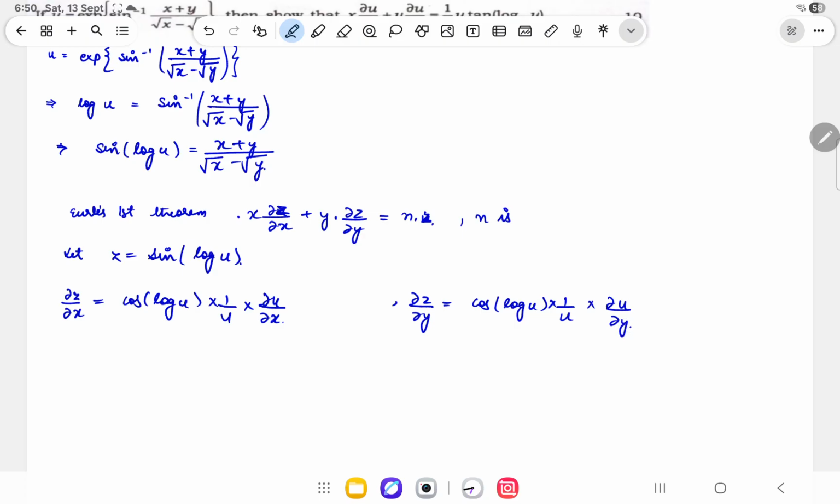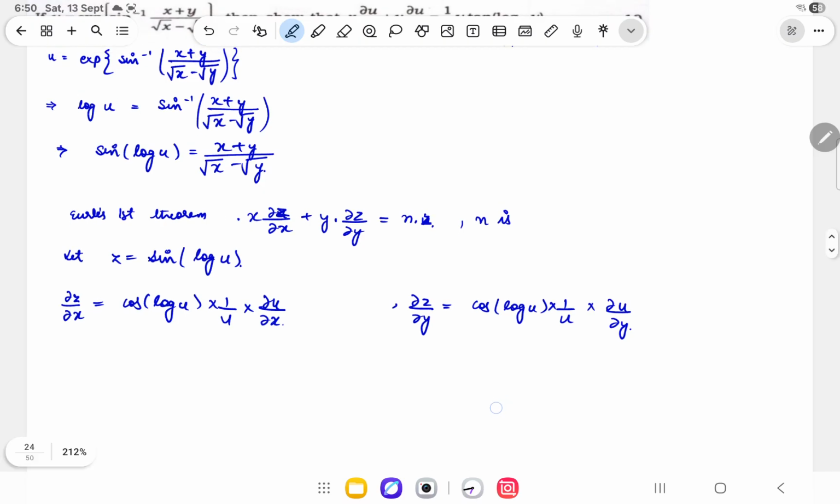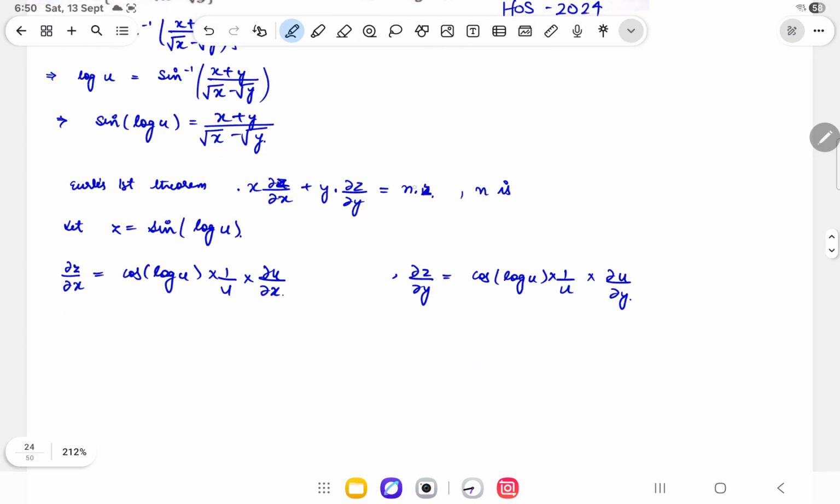I got the values of del z by del x and del z by del y, so I can substitute these values in Euler's first theorem statement. First let's calculate the value of n.